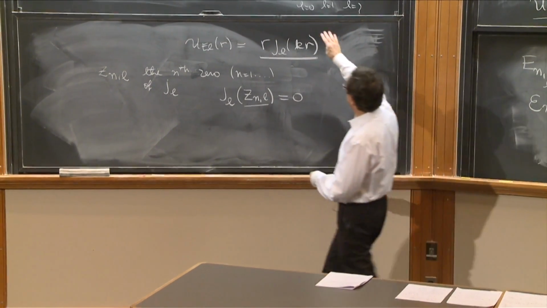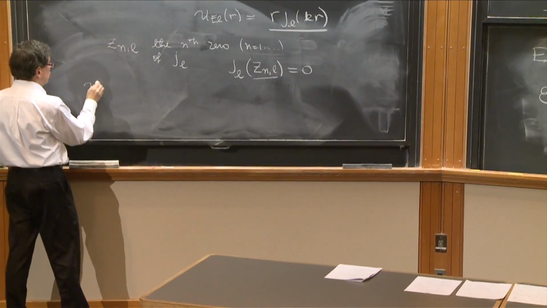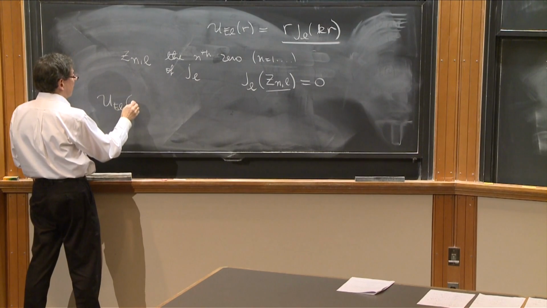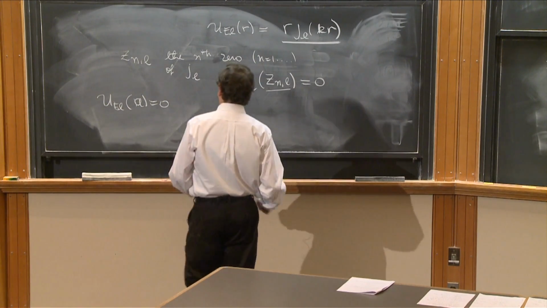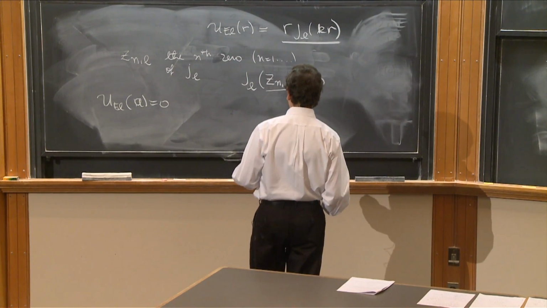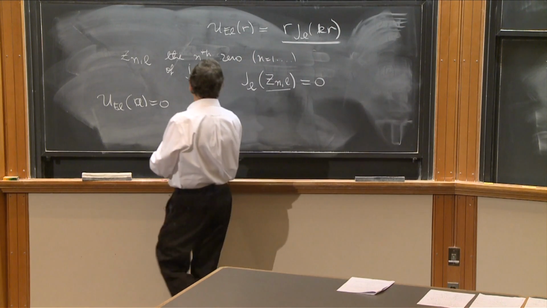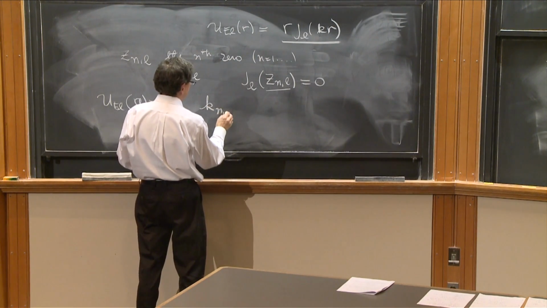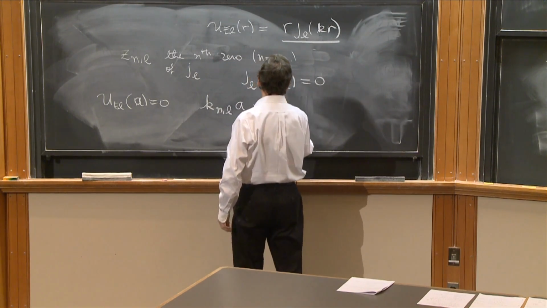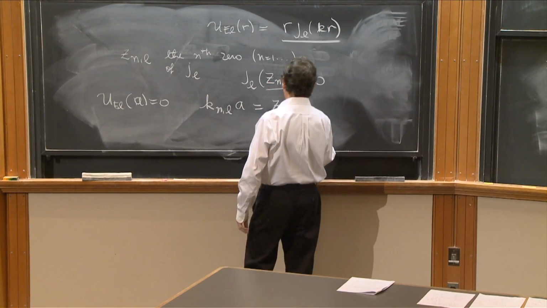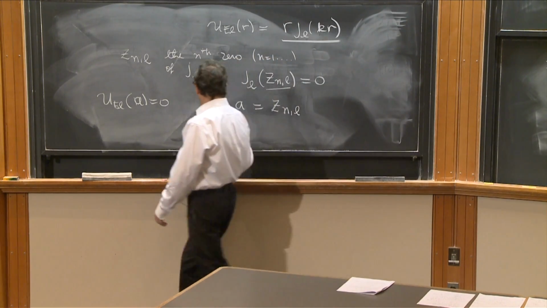Why? Because what you need is, if you're looking for the nth solution, you need u_l of a equals 0. And u_l of a equals 0 means that you need k_nl times a to be equal to Z_nl. So k_nl is the value of k.